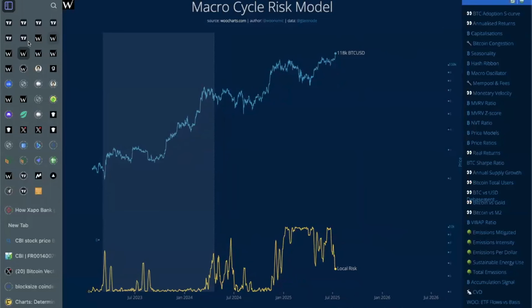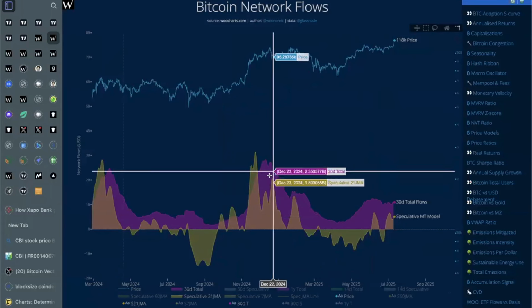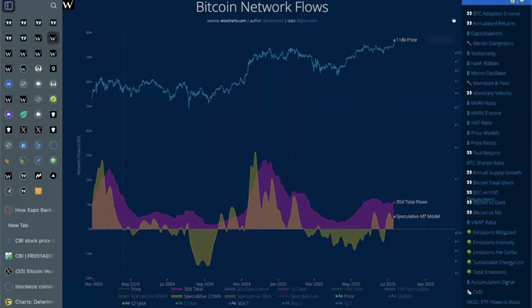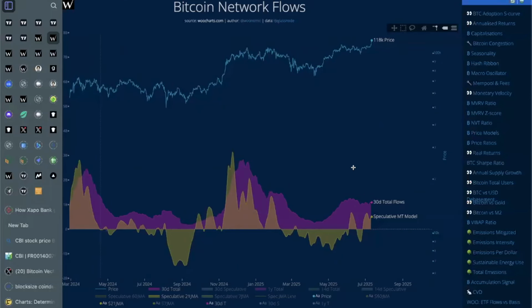And if we were to look at another view of capital flows, some sort of liquidity, this is measuring the amount of capital hitting the network. And you can see that we've staved off a bearish pivot back in June, because when the flows start to roll over, that's a locally bearish structure.